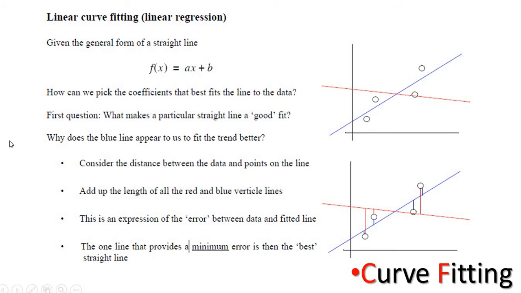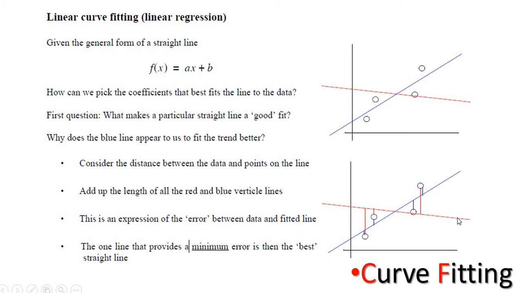The first question: what makes a particular line a good fit? We need to choose based on this requirement. Why does the blue line appear to us to fit the trend better? First, we have to consider the distance between the data point and the line. If you look here, this is the line that we are predicting.